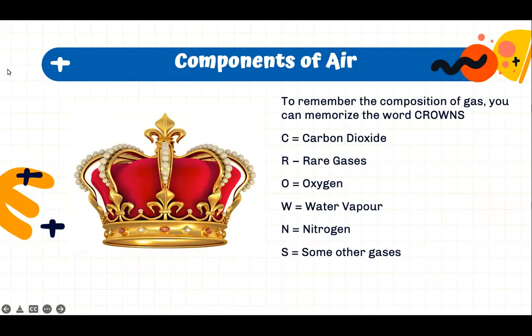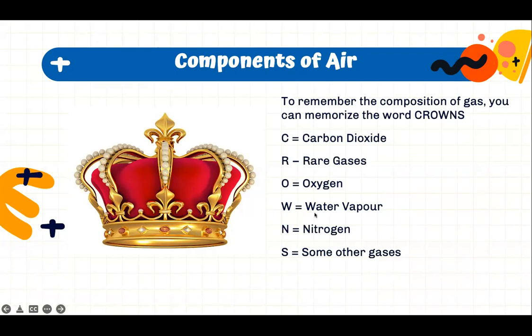So how do we remember what gases are in the air? All you need to do is memorize this word: CROWNS. I believe you watch Netflix; there's a Netflix series called The Crown. C-R-O-W-N-S. C stands for carbon dioxide. R stands for rare gases.